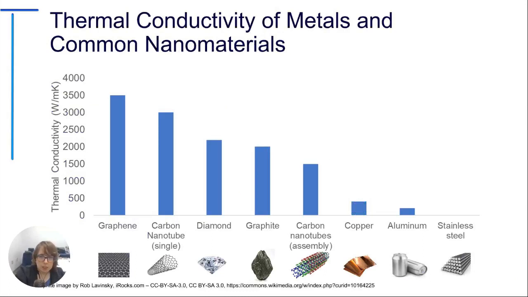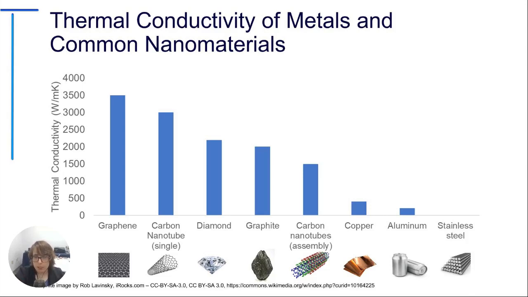So, a lot of the time when you're looking at these very small materials, you can pick certain ones that have similarly high thermal conductivities, even in bulk thermal properties, and use them as fillers to help improve the thermal conductivity of a composite material.